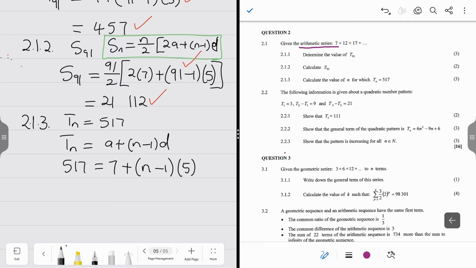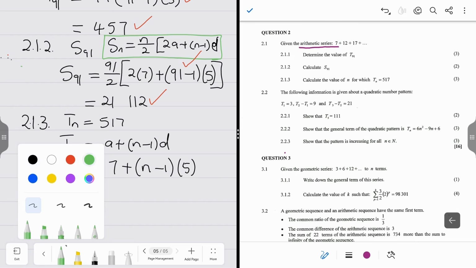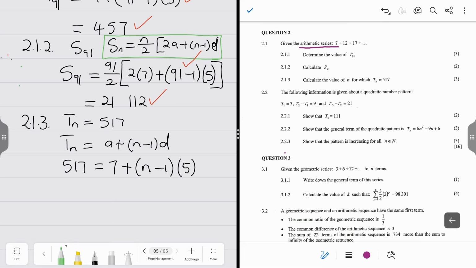Then you do your simplification. Remember, what you have to do is purely algebra. First, you will have to subtract 7 on both sides, and when you do that, you're going to get 510.